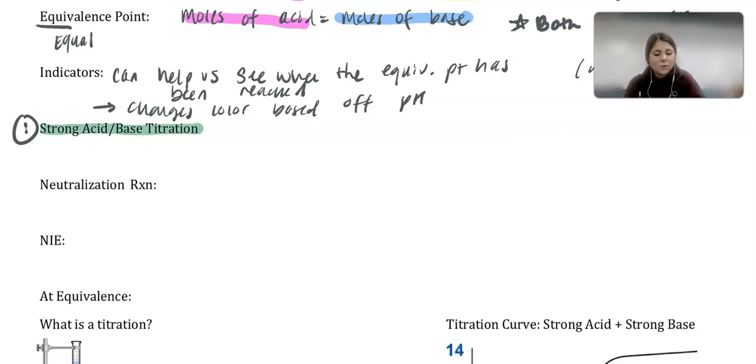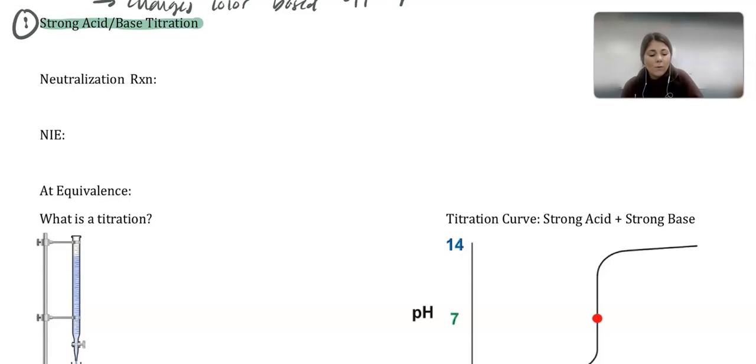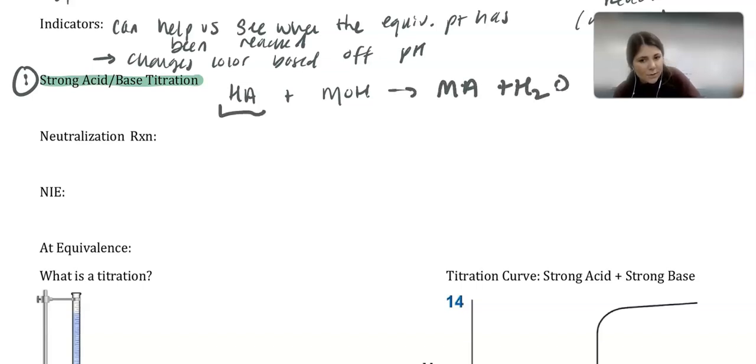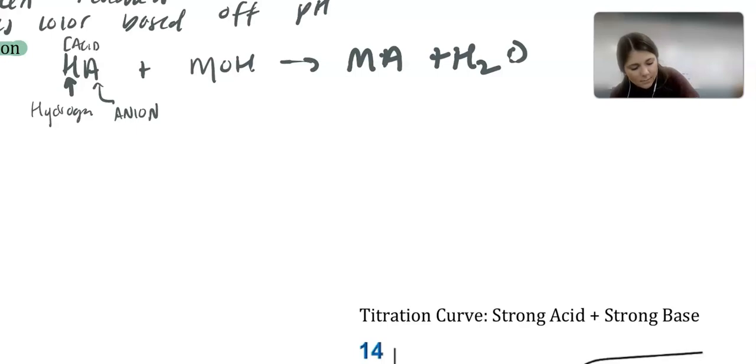Okay, so let's talk about the first one. A strong acid, strong base titration is the first one that we're going to talk about. So here, when we write a strong acid base titration, I'm going to write this more into its general form. If you look here, HA, I'm going to zoom in. This is going to be our hydrogen. The A will be some anion, so this would be our acid.